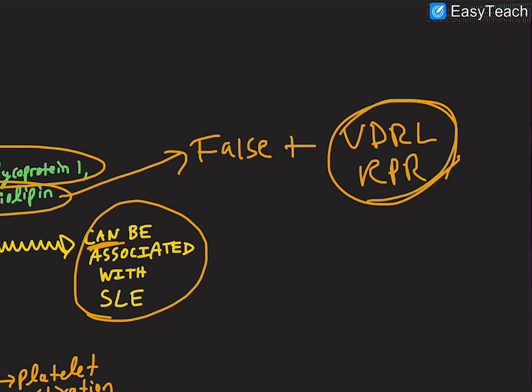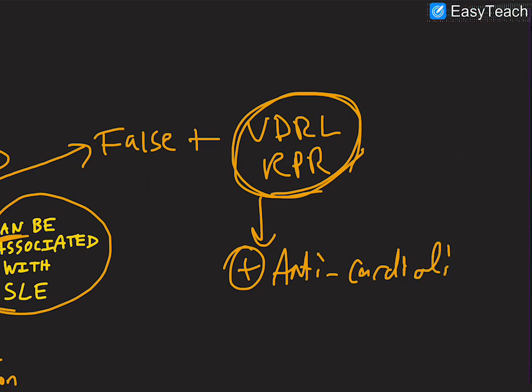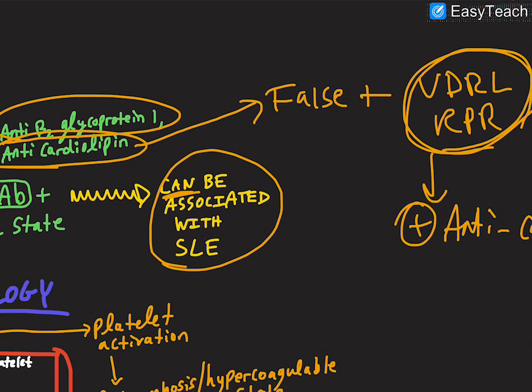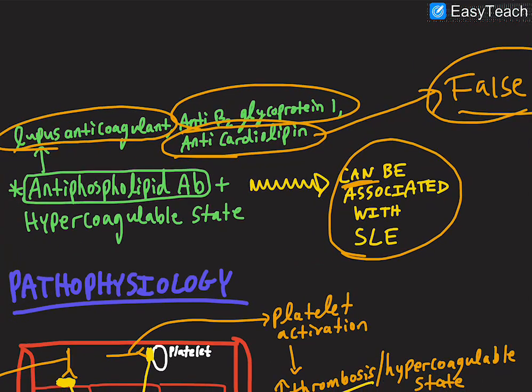So if you did a VDRL and RPR and it came back positive, but you also know that it's a lupus patient who has antiphospholipid syndrome, for example, then of course it's going to be a false positive because you don't actually have syphilis. You have antiphospholipid antibodies due to antiphospholipid syndrome, and that antibody being anticardiolipin.